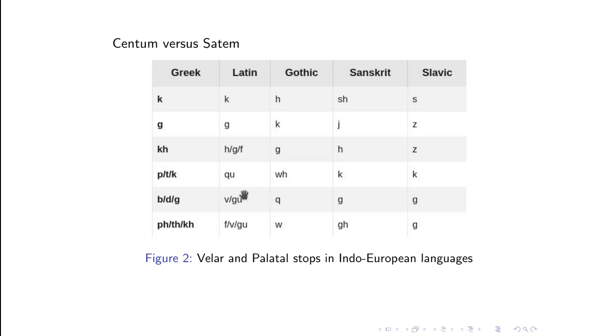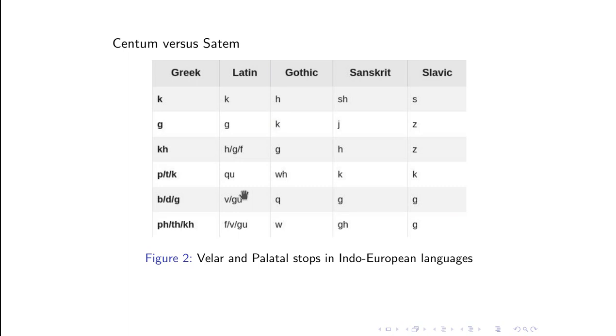The Satem languages are languages like Iranian, Slavic, and Sanskrit and Indic, where you have the sibilant sh in the word for 100, while in Greek and Latin it would be kentum, so there it would be a k sound, while in Sanskrit the word for 100 is shatem, which is satem or shatem. So therefore you would see a sibilant there.